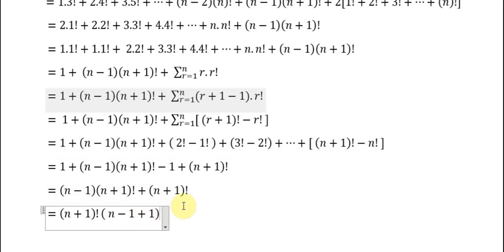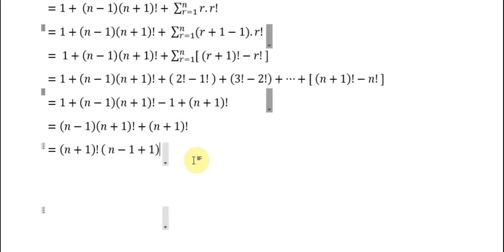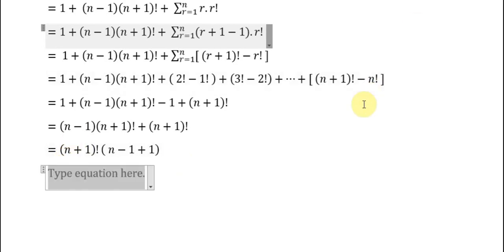Minus 1 plus 1 becomes 0, and we get n multiplied with (n plus 1) factorial. And here is the final answer for the question in here. That's the end. Thank you for watching.